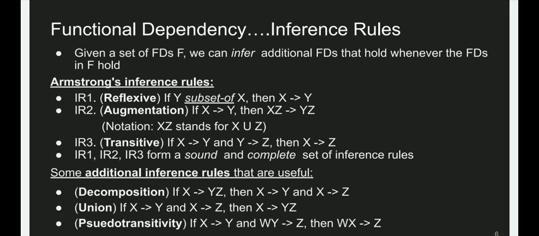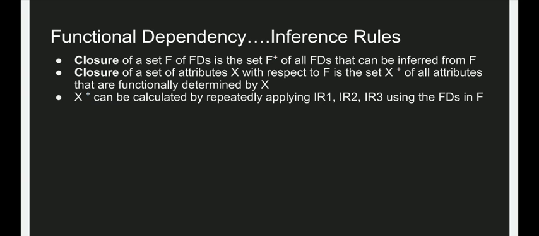Pseudo transitivity: if X determines Y and WY determines Z exist, then we can conclude that WX determines Z is also valid. Closure is the set of functional dependencies F that can be inferred from a given set of functional dependencies, which is denoted by F plus.